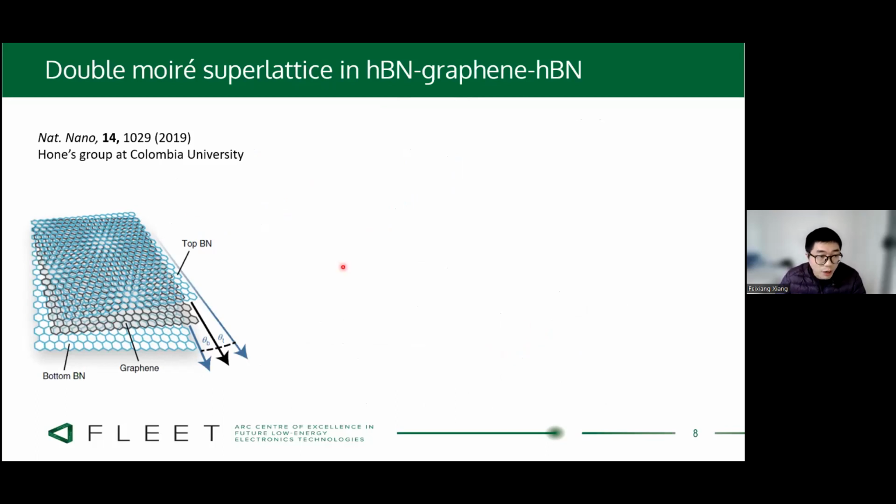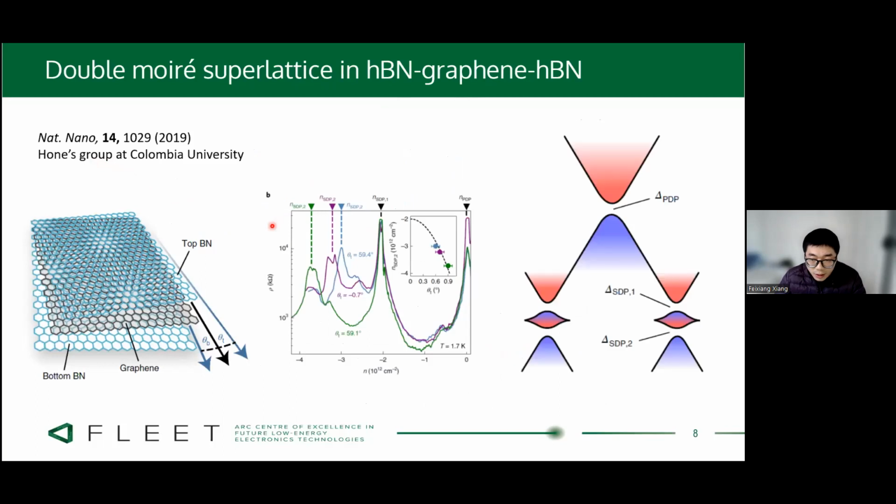So recent work from James Hone's group shows that if the monolayer graphene flake is aligned to the top and bottom hBN, but with a very small twist angle, two moiré superlattices can form at the bottom and top of the graphene flake.